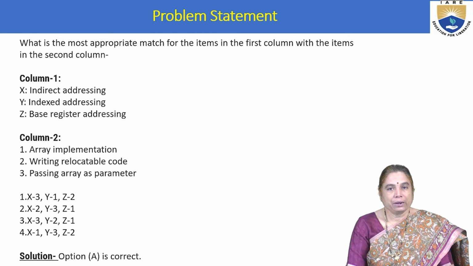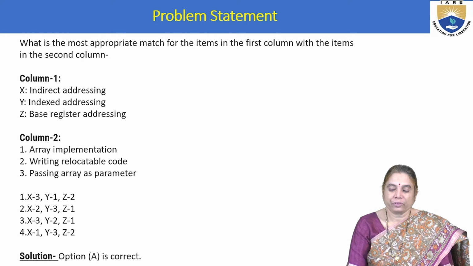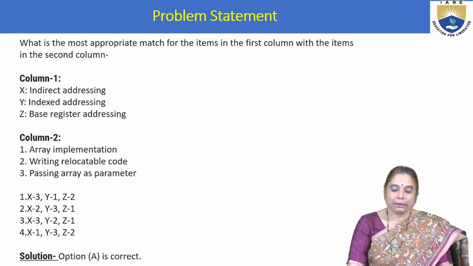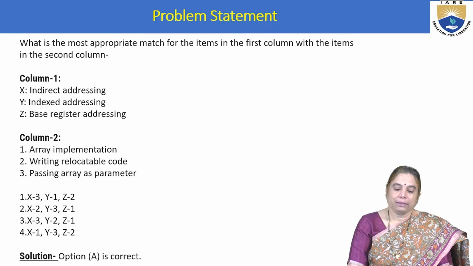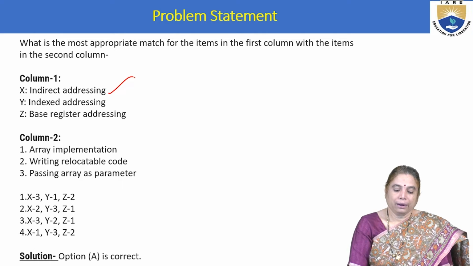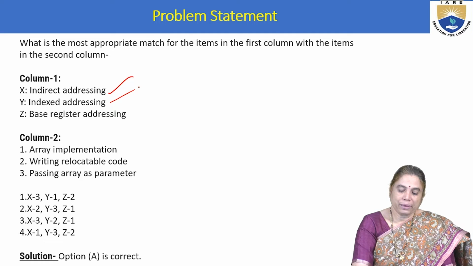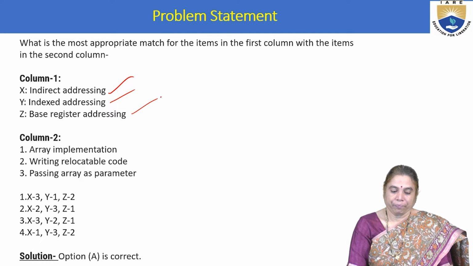Next problem statement is, what is the most appropriate match for the items in the first column with the items in the second column? So column 1 is indirect addressing. Second one is indexed addressing. Third one is base register addressing.